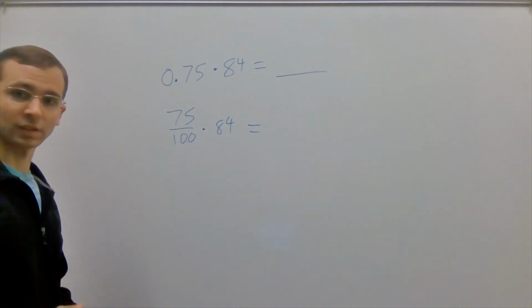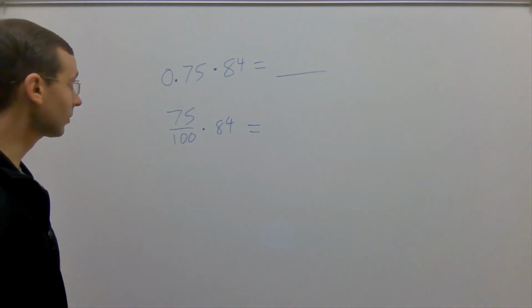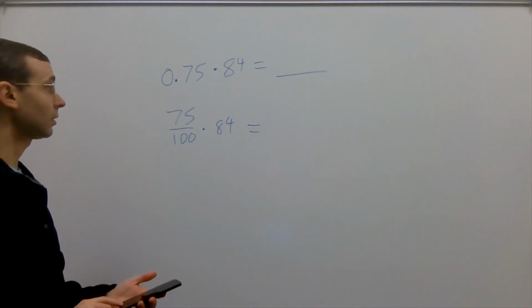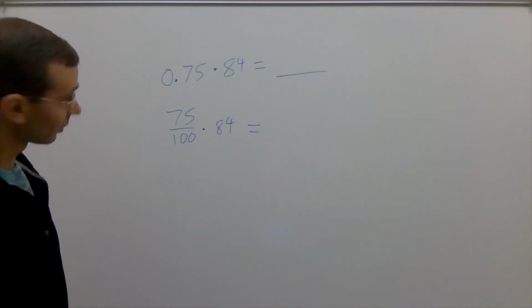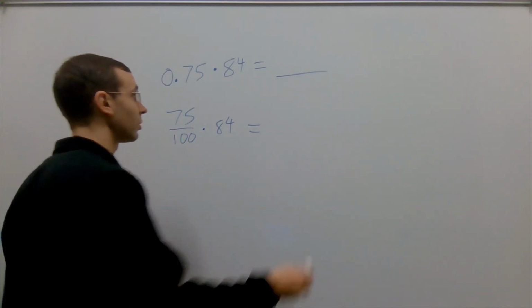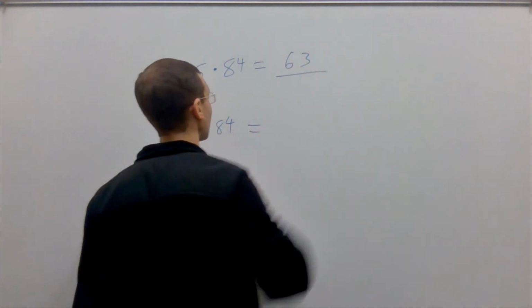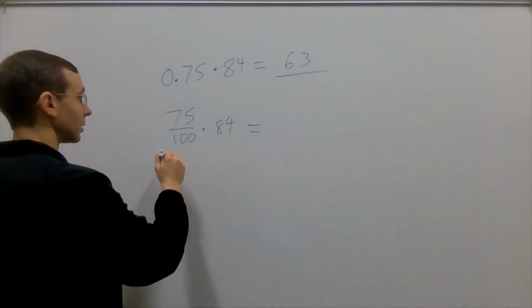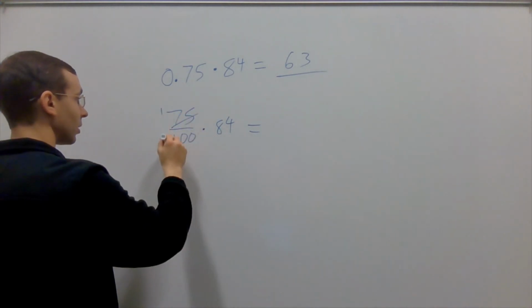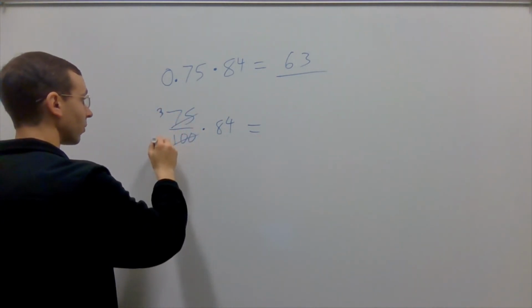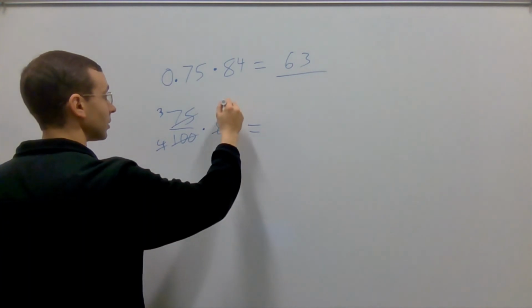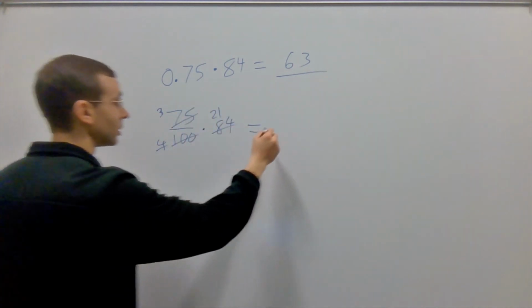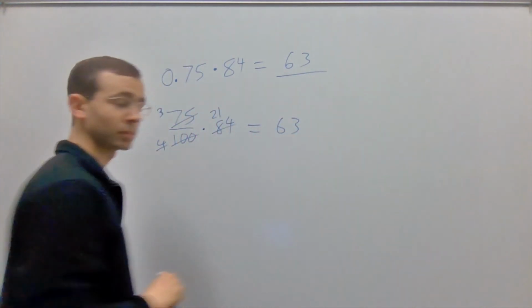And they both give us the same answer. That's 21, right? Well, 21 times 3 or 63, right? And similarly here, perhaps we could do some canceling to make our life simpler. That's 3 over 4. 21 times 3 is 63. So there we have it.